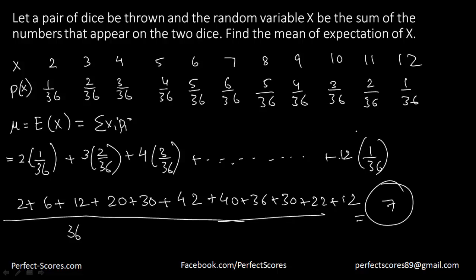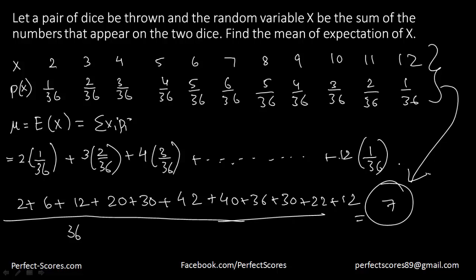Now what is the meaning of this 7 here? The meaning of this 7 is that the expected value of this probability distribution is 7. That means on an average, if you throw the dice a lot of times, let's suppose an infinite number of times, your sum will be close to 7, because that is the expected value of this probability distribution.